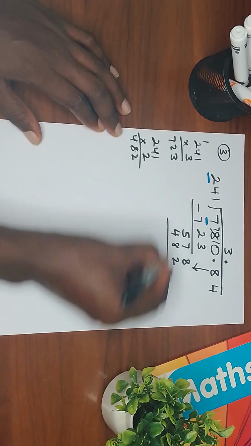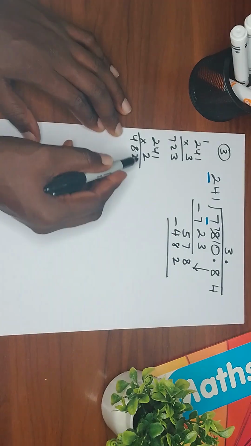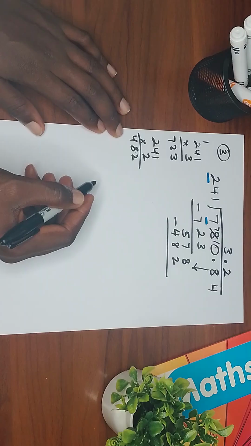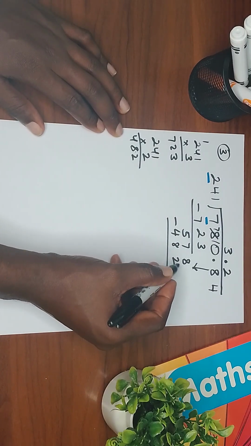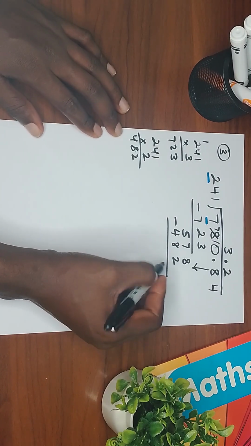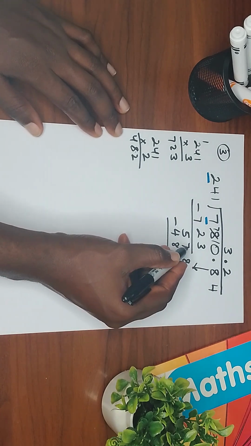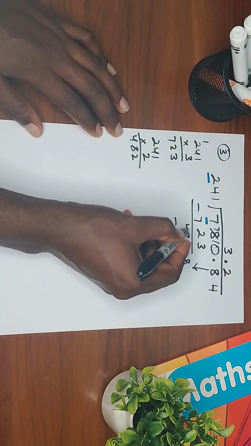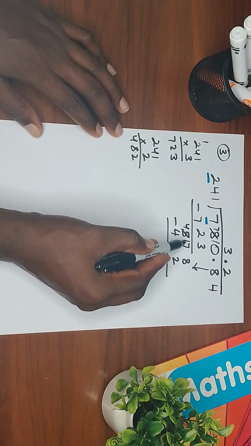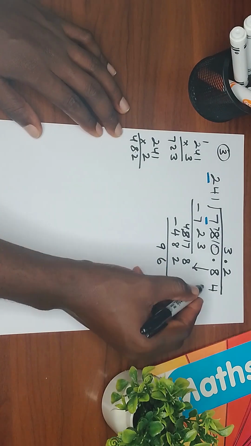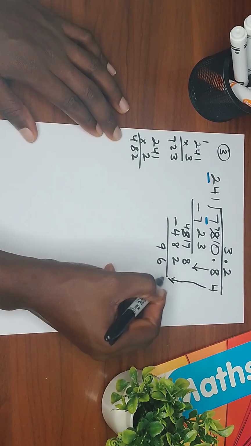So we write that answer here, 482. Then we subtract. Before we subtract, we put our digit in the quotient. Then here we have 6. And then here it is impossible to subtract 7 minus 8. So we'll borrow here. This is 17 minus 8. That is 9. Then we bring down the 4.